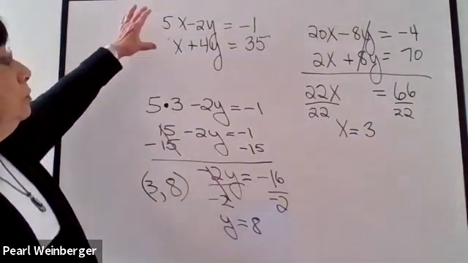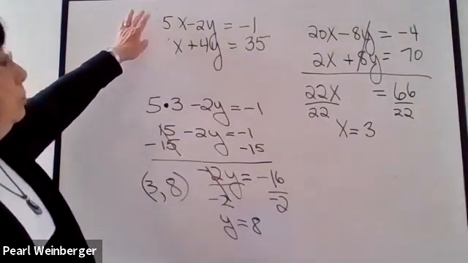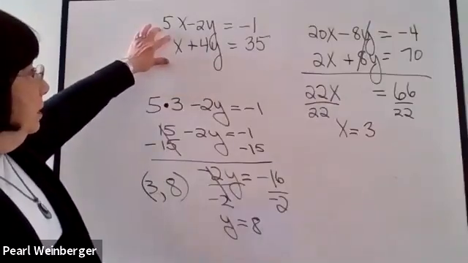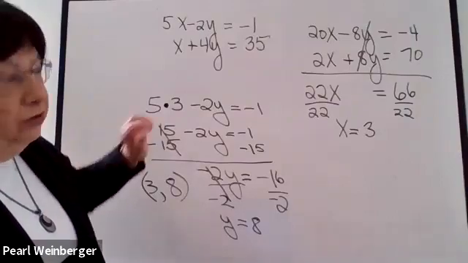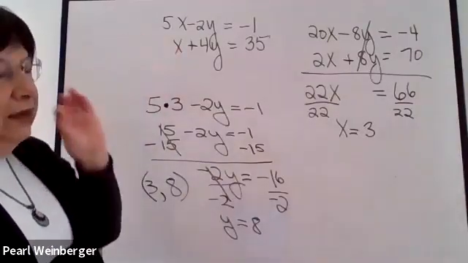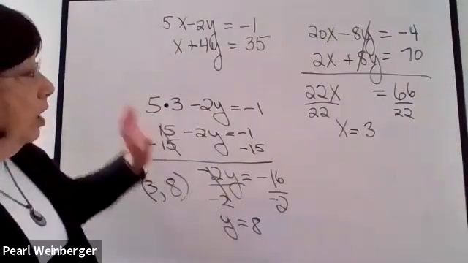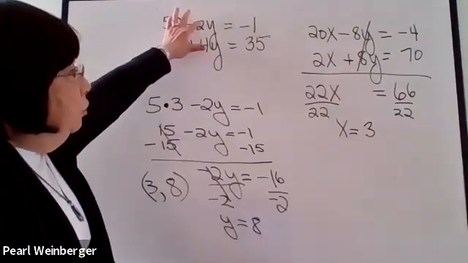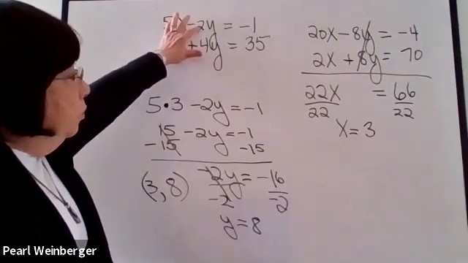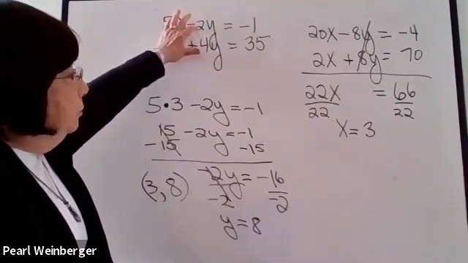But it's a decision that you have to make right at the beginning. Do I want to eliminate the x? Do I want to eliminate the y? I'm sorry, I decided I wanted to eliminate the y. So if I wanted to eliminate the y, I had to look at the coefficients of the y, the numbers in front of the y.